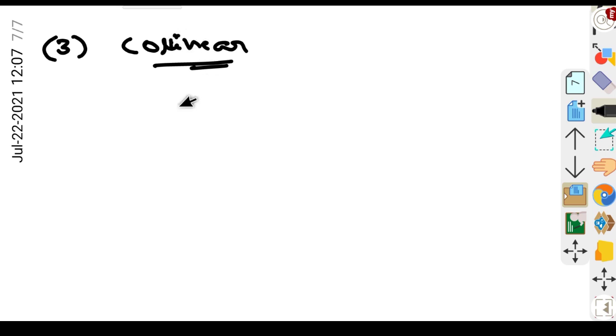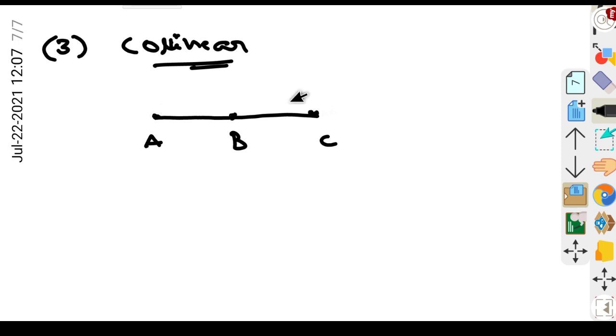Collinear means, let me explain by taking an example. I'll call these 3 points A, B, C. If you want to say these 3 points are collinear points, then these 3 points should lie on a single straight line. Then only we can say these 3 points are collinear points.